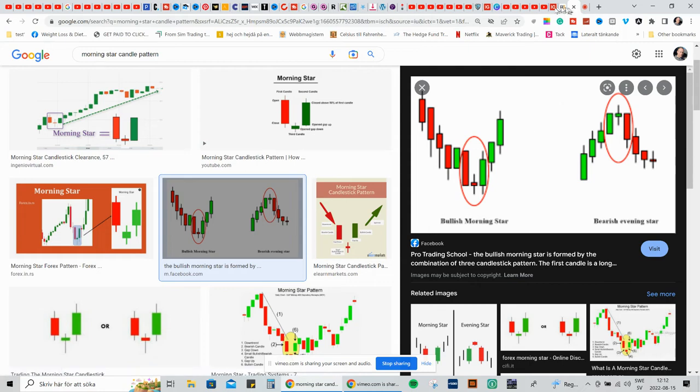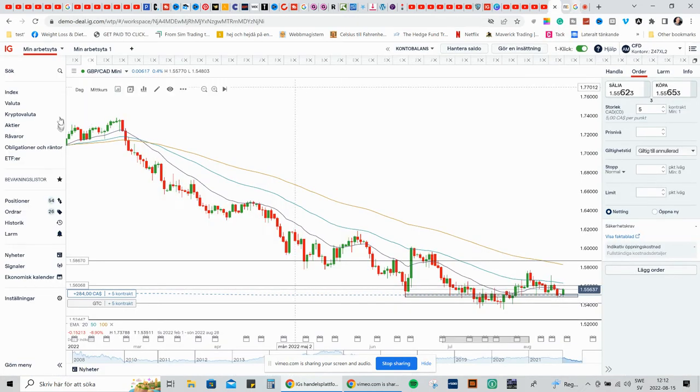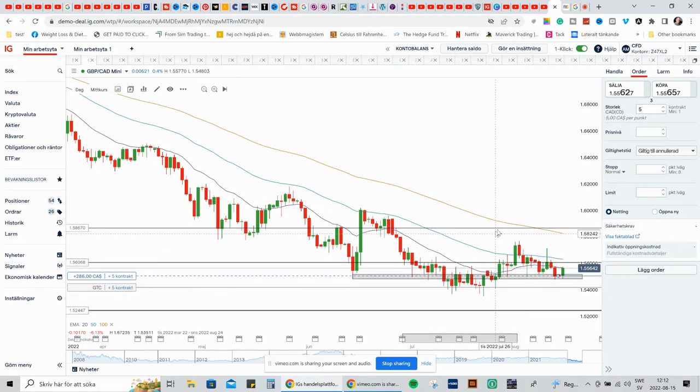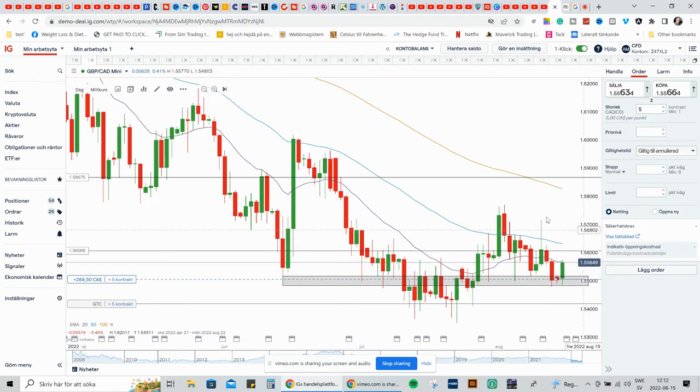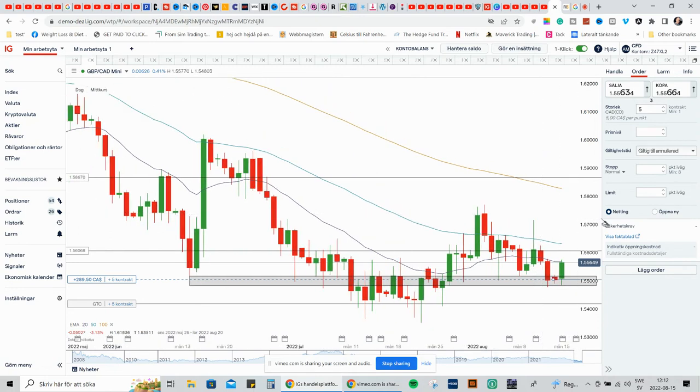So here's the trade. Pound CAD. You see a long downtrend here, and I will make this larger, easier for you to see. So here you can see a bullish morning star setup.